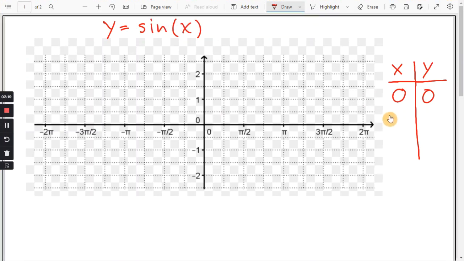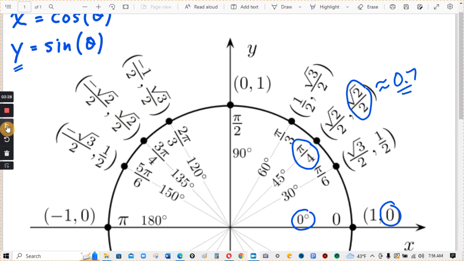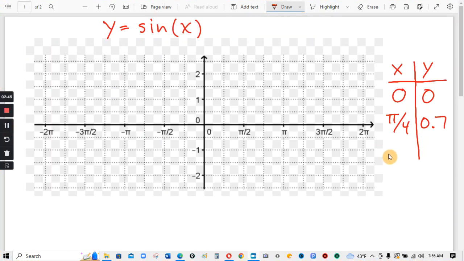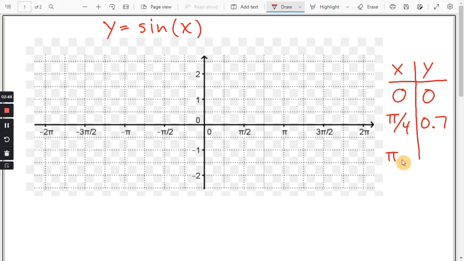And finally, at 90 degrees, which is pi over 2 radians, the sine, or the y-coordinate, is just 1. So at x equals pi over 2, y equals 1.